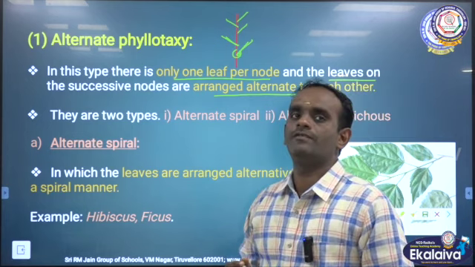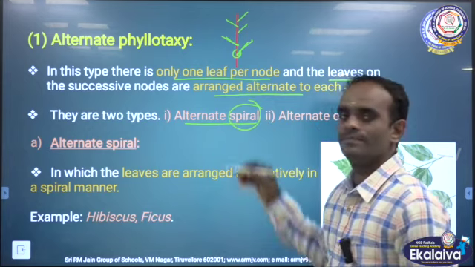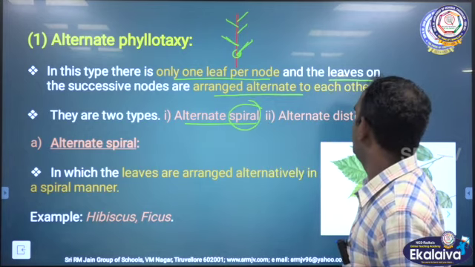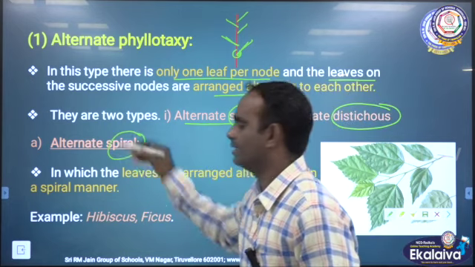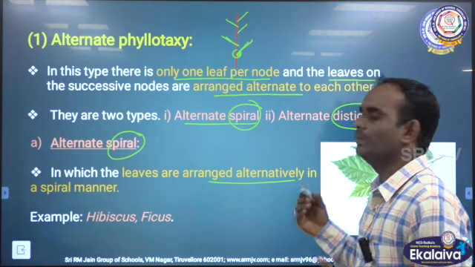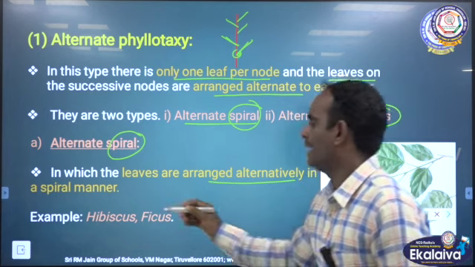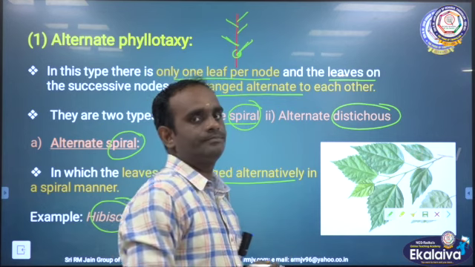There are two types of alternate phyllotaxy. One is alternate spiral and another one is alternate distichous. First one is alternate spiral, in which the leaves are arranged alternatively in spiral manner. Example is hibiscus. See the picture here, children.